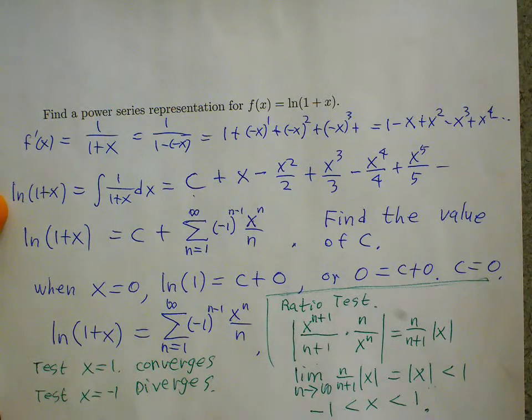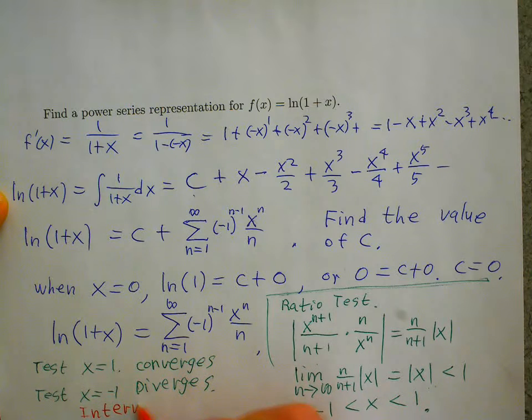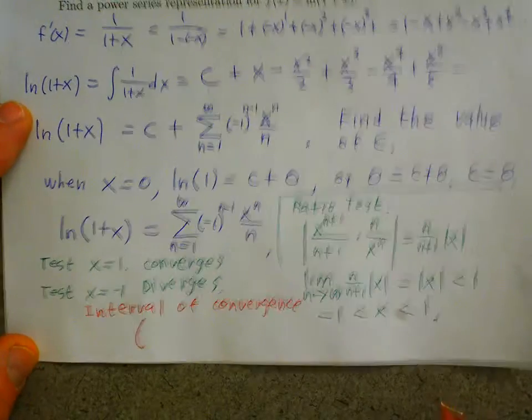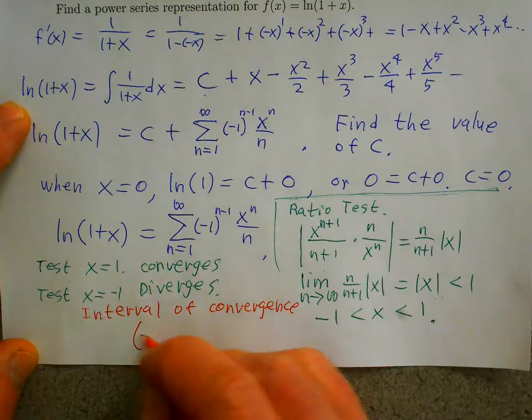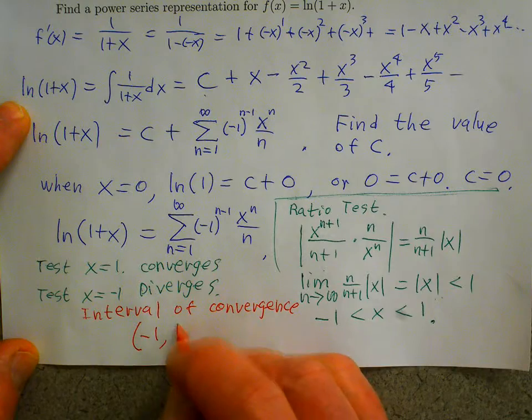Okay, so the interval of convergence is parenthesis negative 1, comma 1 bracket.